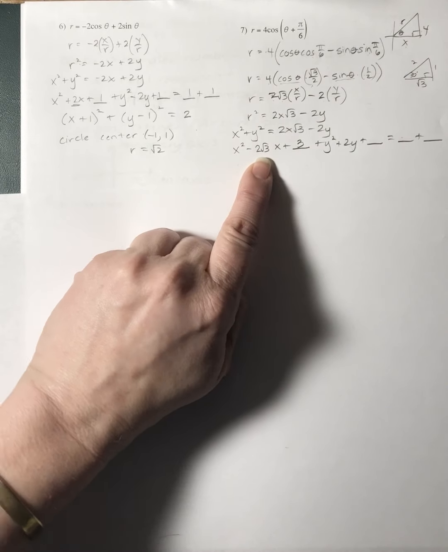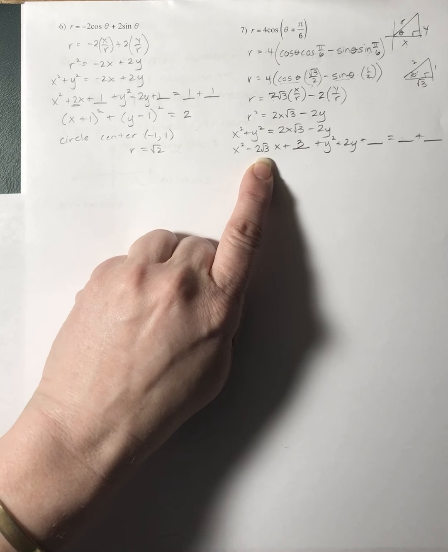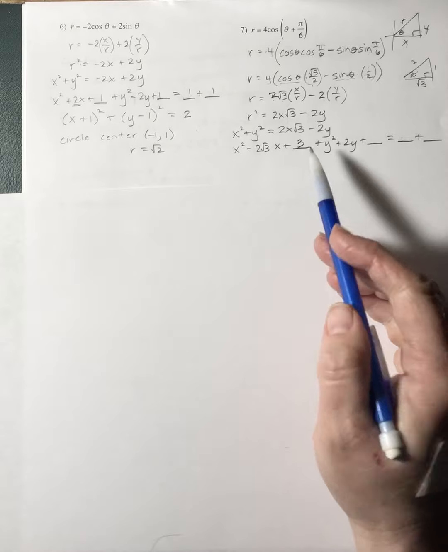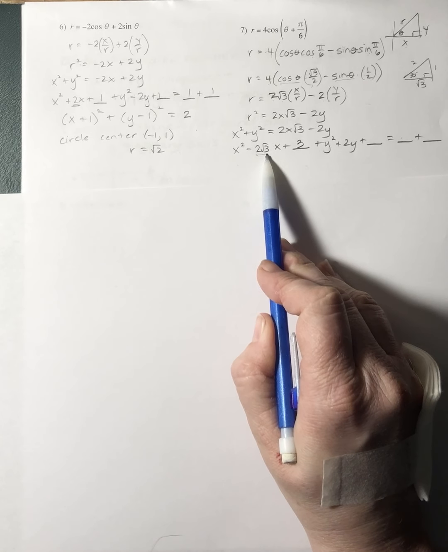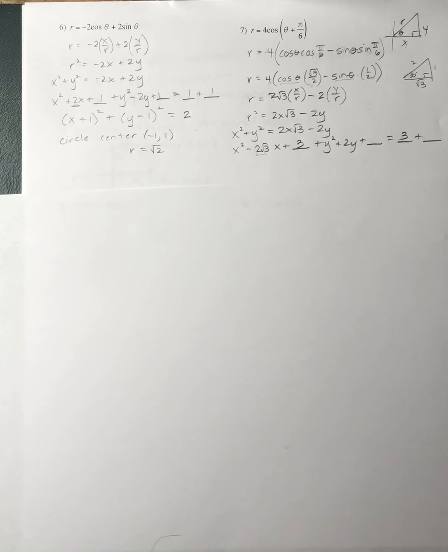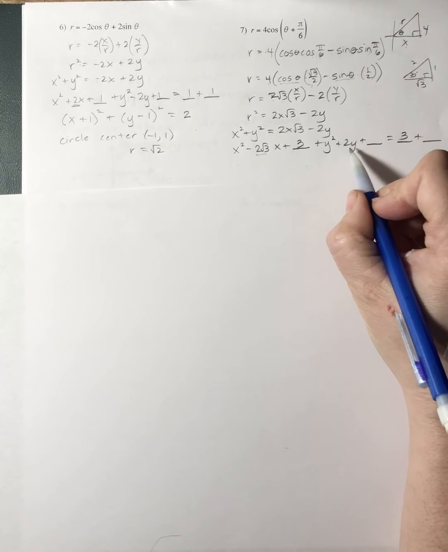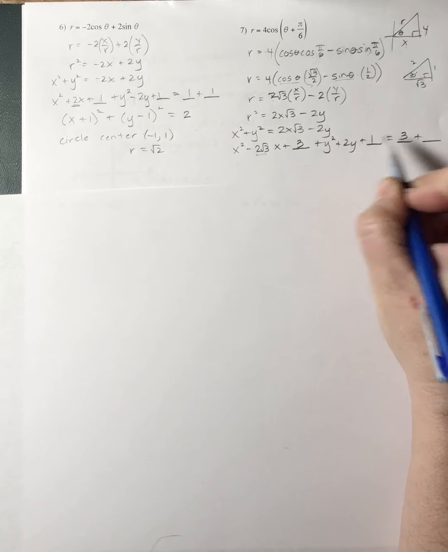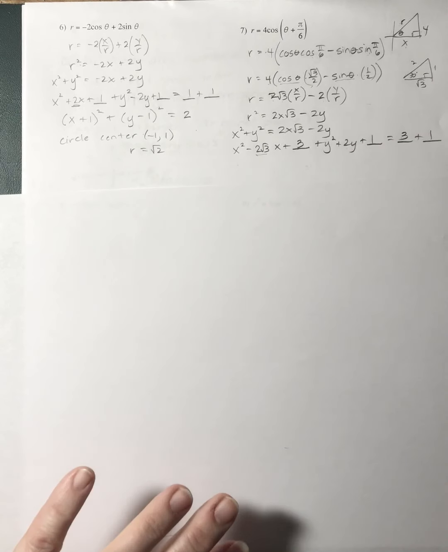A lot of people have difficulty with the radicals. The rules are the same. To complete the square, you take b divided by 2 squared. That's what goes here, and then of course we added 3 here, so I'm going to add 3 here. Half of 2 squared is 1, 1 squared is 1.